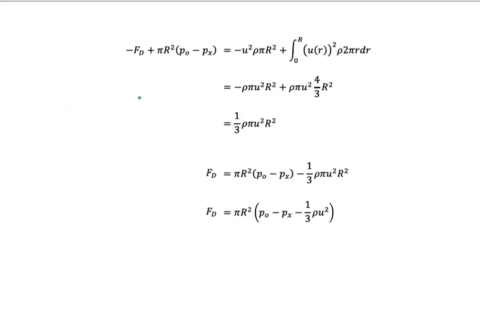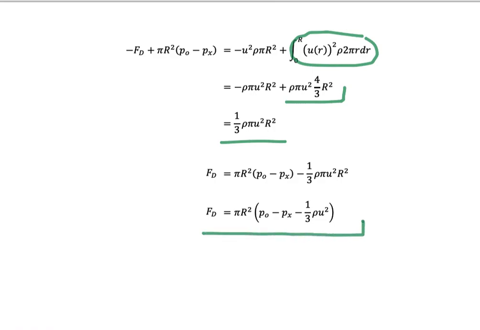Then we replace the integration part here with the amount that we have, and we could solve this one. Finally, if we rearrange the terms, we get FD equal to pi r square times P naught minus Px minus 1 over 3 rho u square, which fulfills the question of showing that the drag force is actually equal to this term.